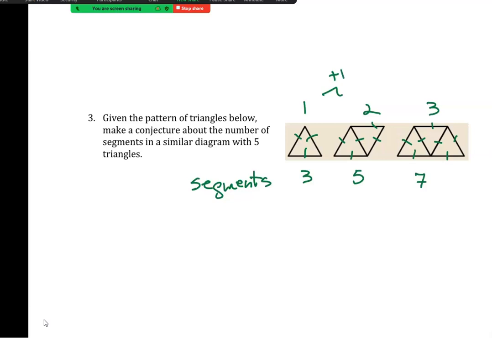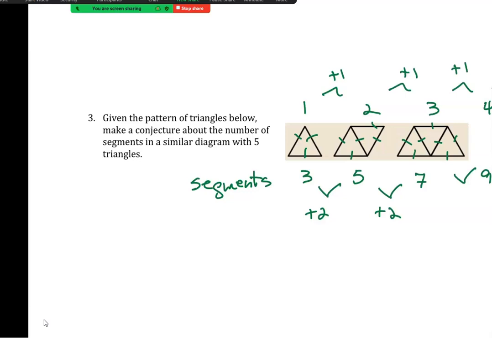So this is going up by 1, and this is going up by 2. So if we're going to have 4 shapes, that's going to go up by 1. We should have, go up by 2, 9 segments. If we had 5 shapes, go up by 1, and this has to go up by 2, so we're going to have 11. So we're going to have 11 segments.